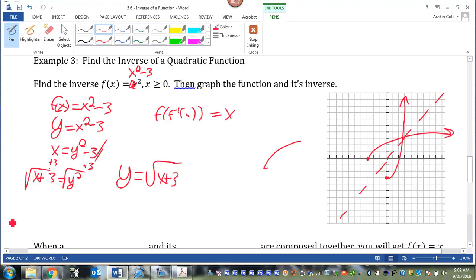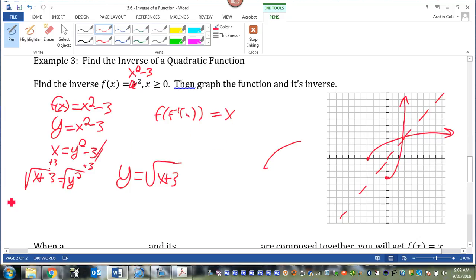Also, it has to equal the same thing, and the only way that happens is if it equals x. So yes, they always reflect over y equals x, because you always get x when you compose them together.